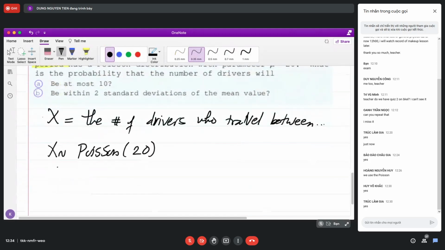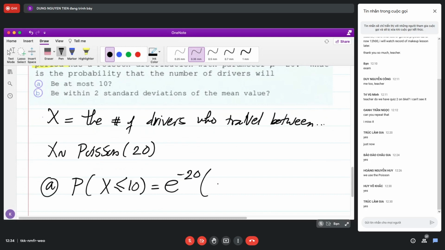Then you have the distribution of x, and in question A you want to find the probability that the number of drivers will be at most 10. So you get e to the minus 20, and then 20 to the 0 over 0 factorial plus up to 20 to the 10 over 10 factorial.